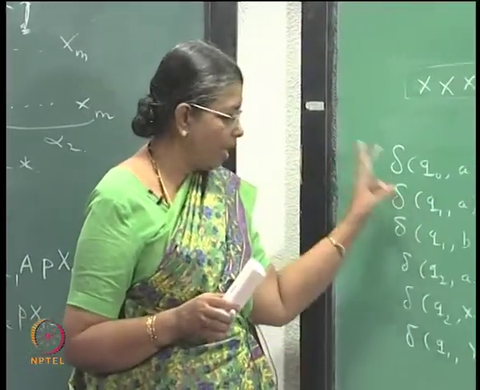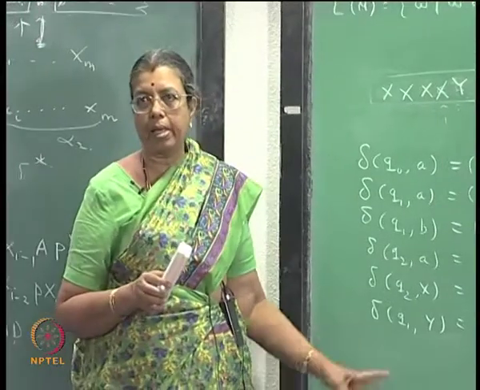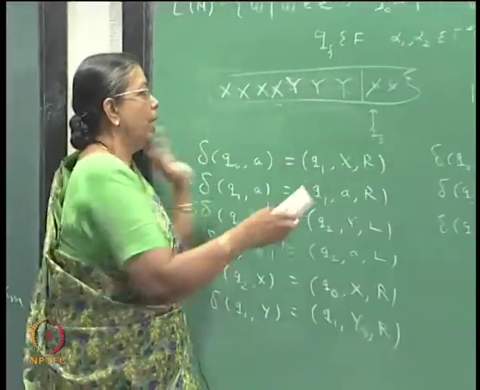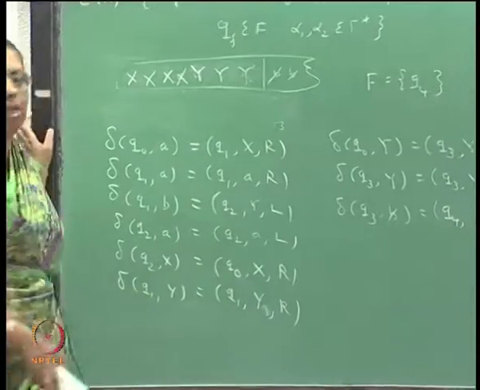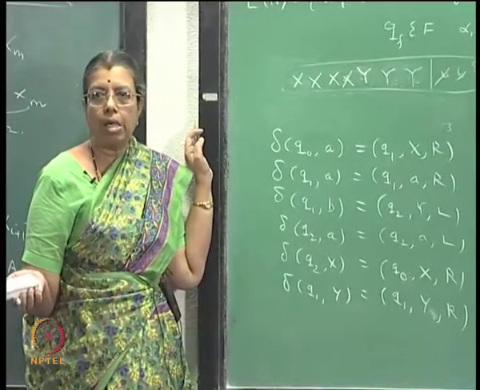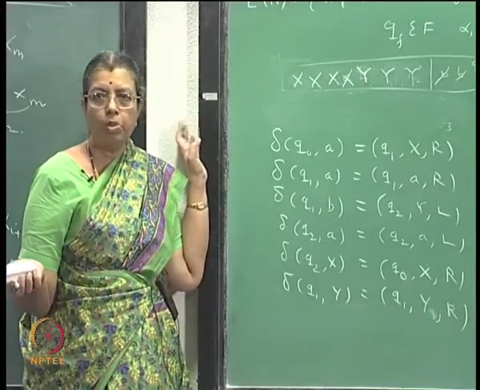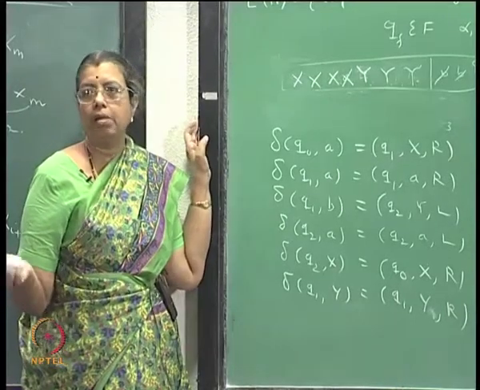The move is not defined for Q1 blank. So, when it reaches here in Q1, it has to halt, no move is specified, but it will not accept that.